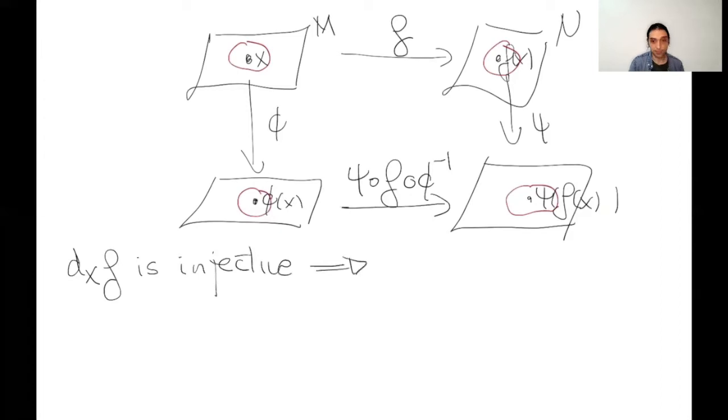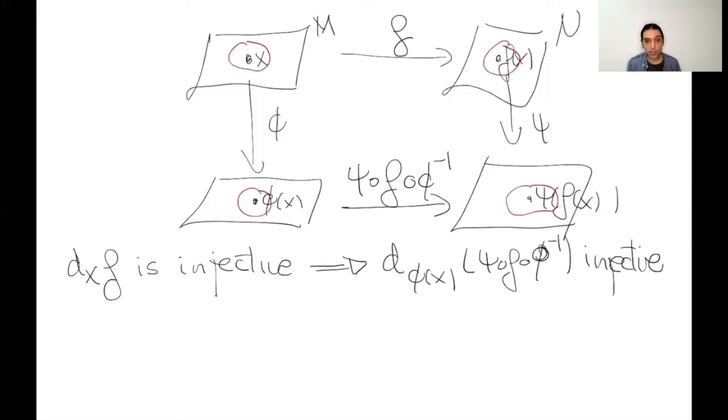But again, let's remind ourselves that the maps phi and psi are diffeomorphisms. And so, if the differential of f at x is injective, by using the chain rule, we are going to be able to prove immediately that the differential of the local expression at the point phi of x is also injective.